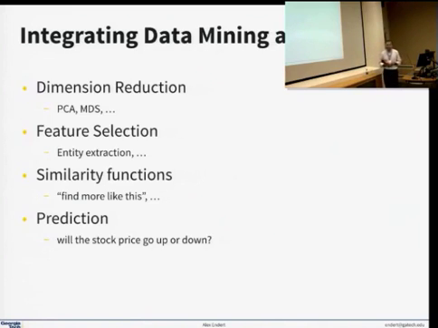Things like prediction, right? Given time now, will this stock go up or down, right? One of the canonical examples, perhaps, of doing prediction analytics. And again, certainly others, but this is just some of the concepts that we'll talk about.